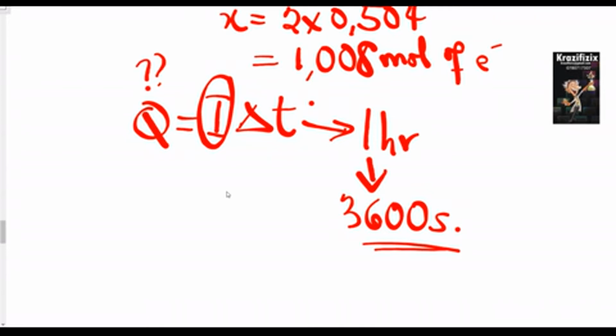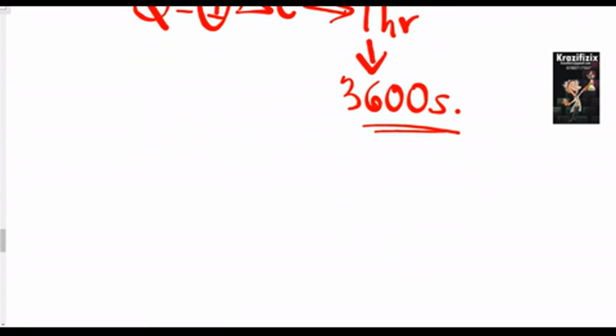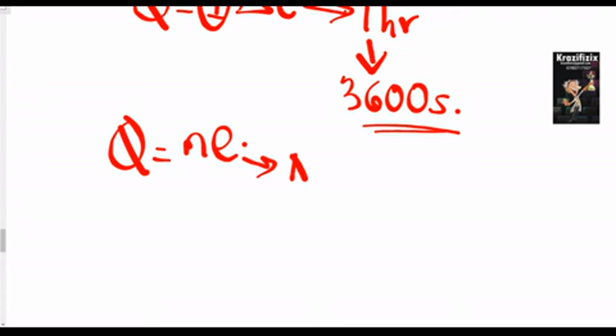What is Q? In our electrostatics formula, there is a formula that says that Q equals NE. I'm tempted to write a capital N, and I'll tell you why. Q equals NE, where E represents the charge on an electron, and that's a constant charge.